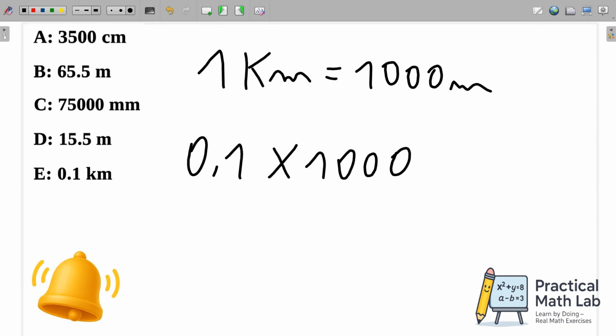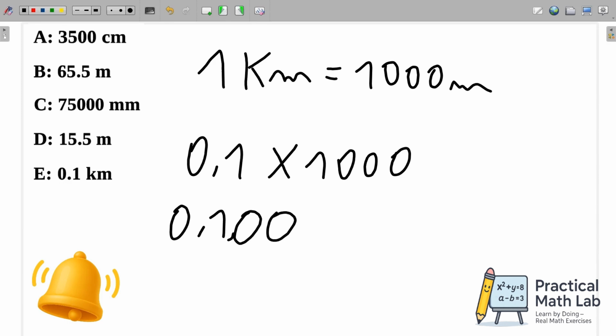When we multiply by 1,000, what do we do? We move the decimal point to the right. So here, 0.1, the decimal moves one place, goes here, becomes 1. Another place, add a 0, that's 2.